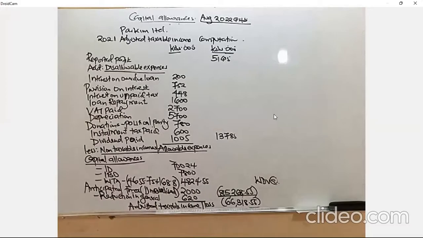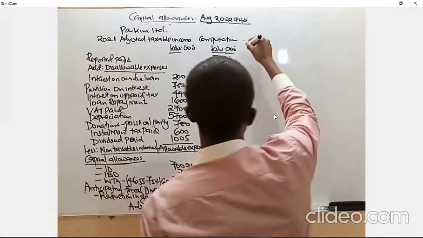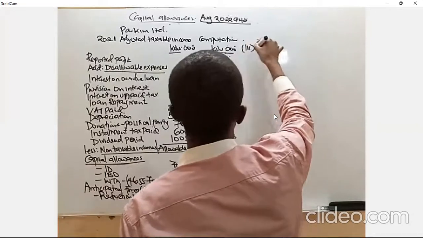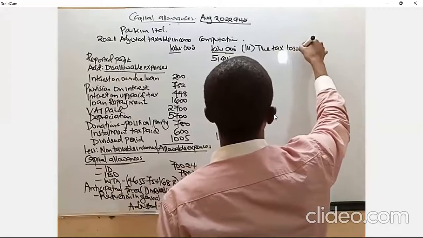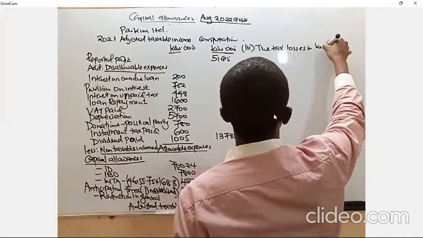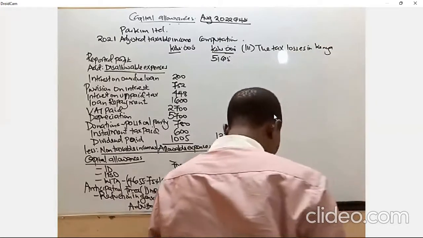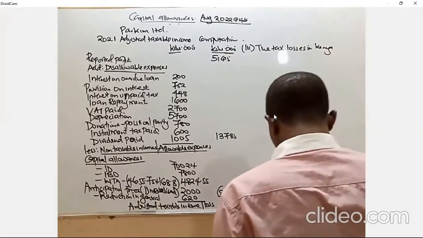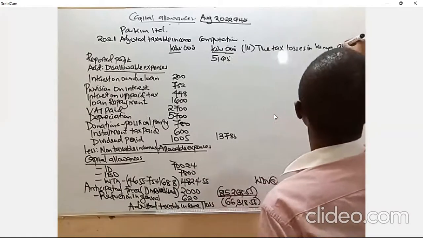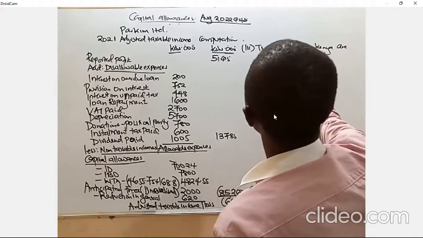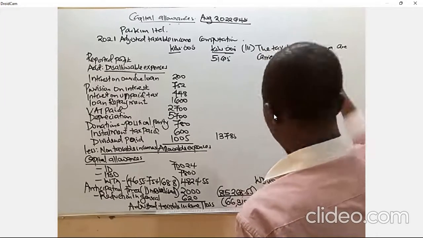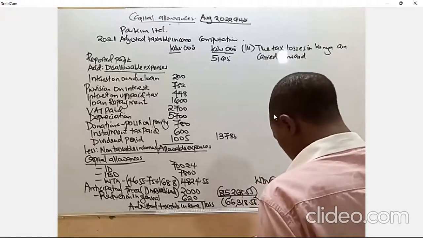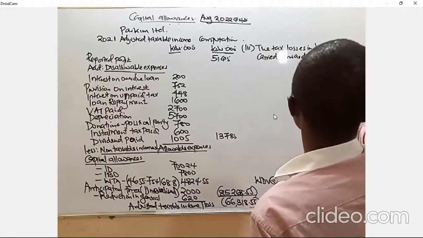Number 3, the tax losses in Kenya are carried forward as allowable deductions.